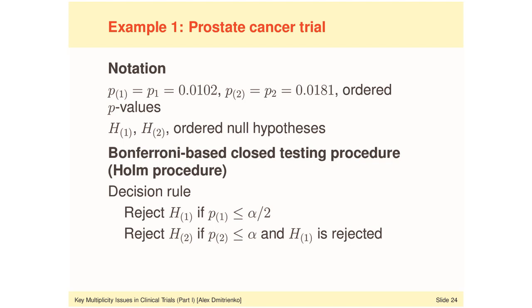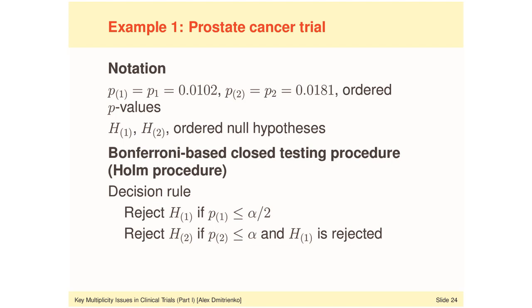Instead of a procedure which depends on checking the local tests for all intersections in the closed family, and we know that the number of all intersections is going to grow exponentially, we normally have a very attractive stepwise procedure of the type that we introduced in Module B. For example, a stepwise procedure with a pre-specified testing sequence or a data-driven testing sequence.